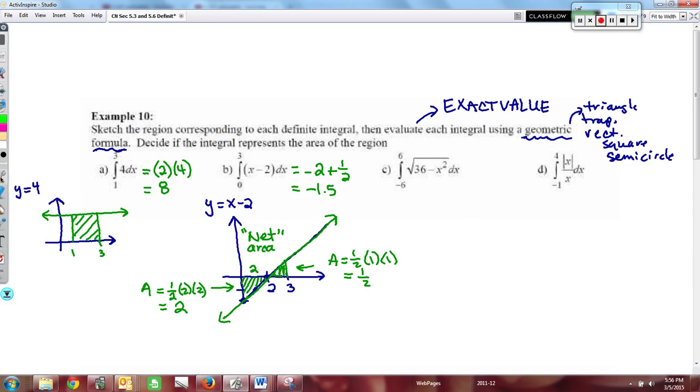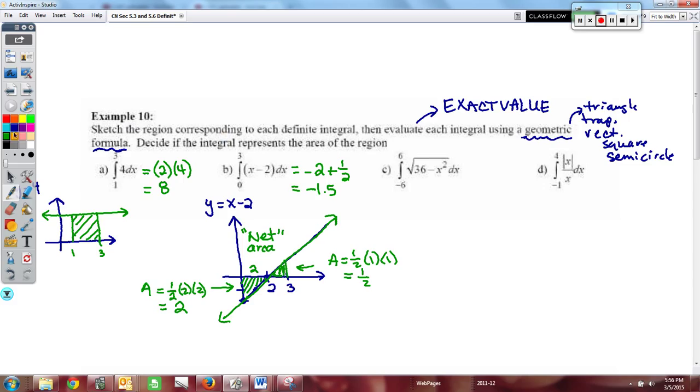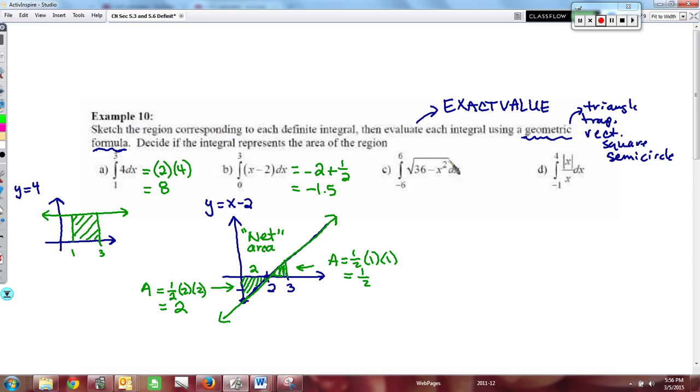All right, now let's take a look at example C here, which we have the square root of 36 minus x squared. So y equals the square root of 36 minus x squared. Realize that because this is plus, this is the top half of a circle.